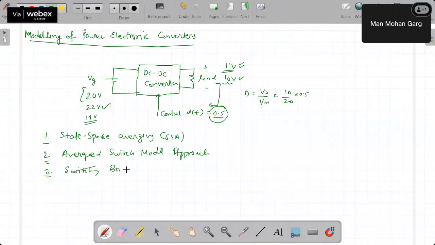You can say the bond graph technique is based upon a kind of switching flow graph technique. The energy factor approach is also there. Others are the current injected equivalent circuit approach and the transformer circuit approach. So many are there, but two are very important, and even the first one is popularly used due to its simplicity. So we'll talk more about this state space averaging technique in detail.